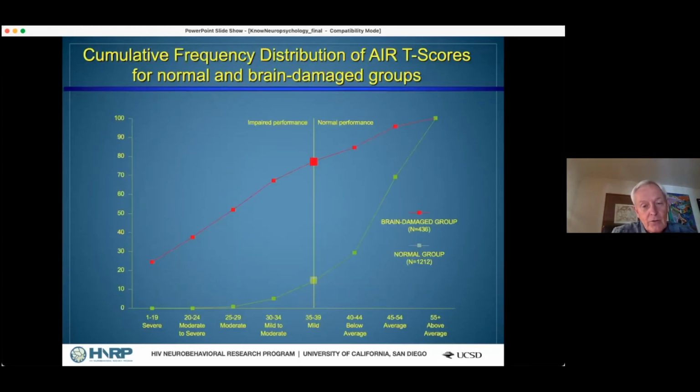And this shows just the cumulative frequency distribution of the brain damaged people in red, and the normal people in green, as the T-scores on the x-axis move along from severe to above average.